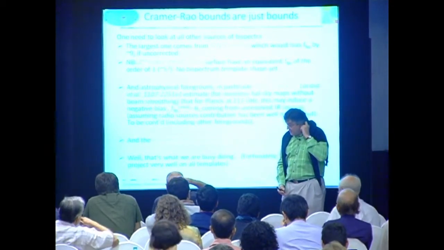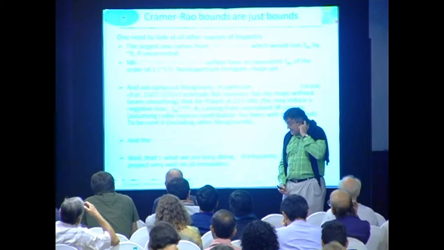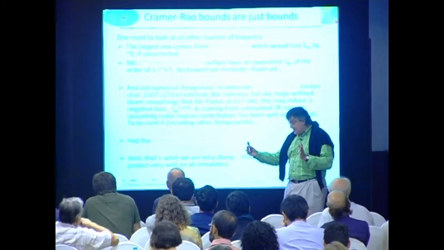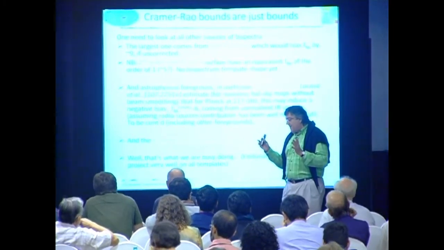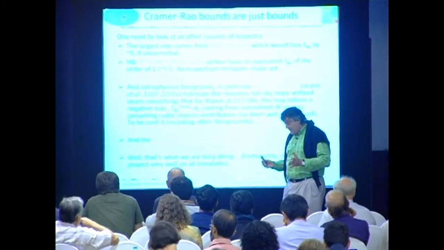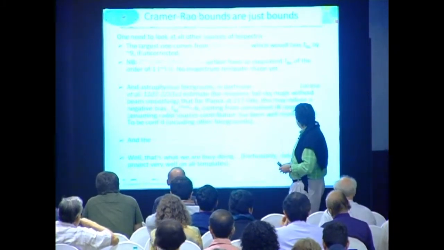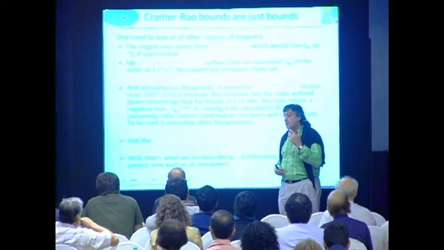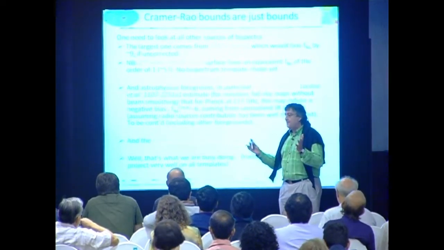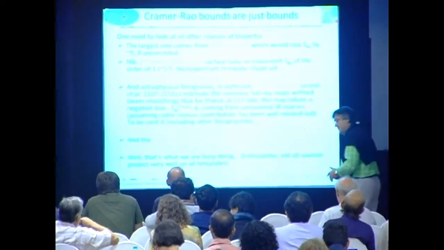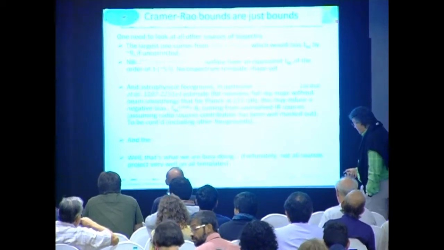So these can be computed. It's hard. This is essentially on the forefront of what is being done. It's anticipated that this is of the order of 5, but we don't have yet a full template to actually go after this. So I can talk to you on the side on this if you're interested.